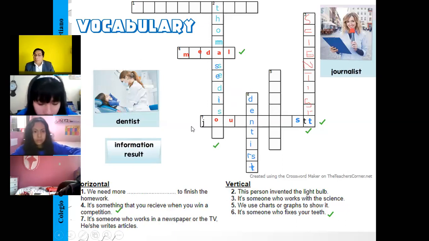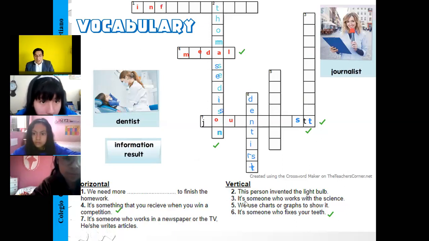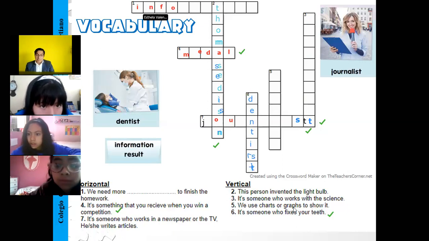Number 1, we need more to finish the homework. More what? Number 5, we use charts or graphs to show it. Number 5 is in the vocabulary, okay?